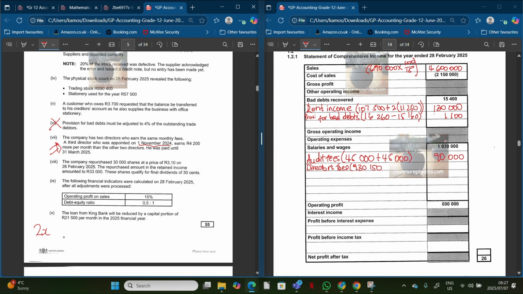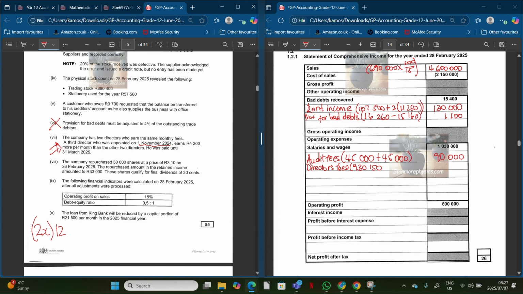Then continuing, how are we going to get the rest of it? We do know that these two got paid for 12 months. So we're going to multiply it by 12. Let me just do it correctly and put it in front.